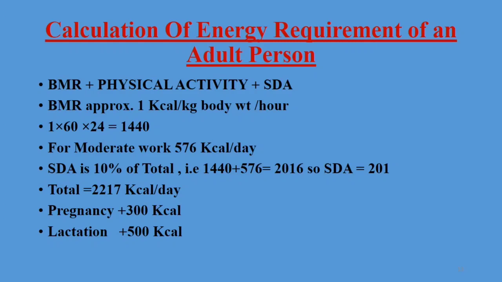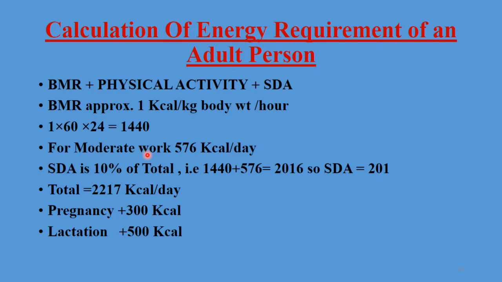BMR is approximately 1 kilocalorie per kilogram body weight per hour. So it is equal to 1 into 60 into 24, which is equal to 1440. And the person is under moderate work.